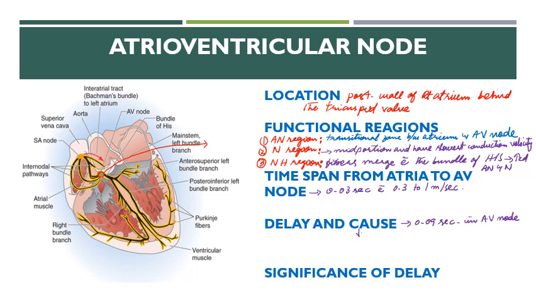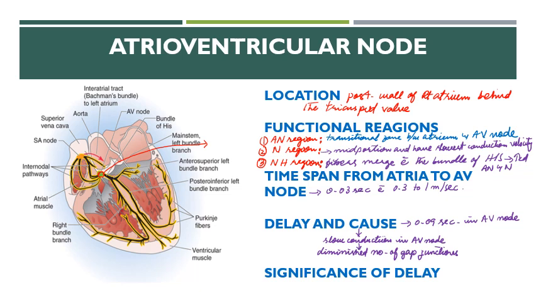The cause of this delay is slow conduction in the AV node. And the reason for slow conduction in the AV node is diminished number of gap junctions.